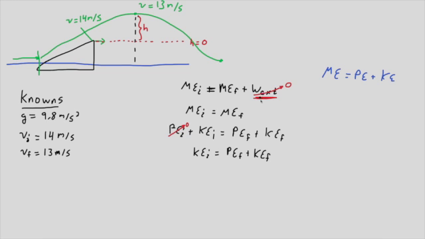If you just write this down and then skip here, and you wrote down potential energy initial instead of kinetic energy initial, you might miss that because you won't see what you did to get there. So make sure to write down all your steps, even though we're just rewriting the same thing over and over again. And along that line, let's now write or substitute in the formulas for potential and kinetic energy.